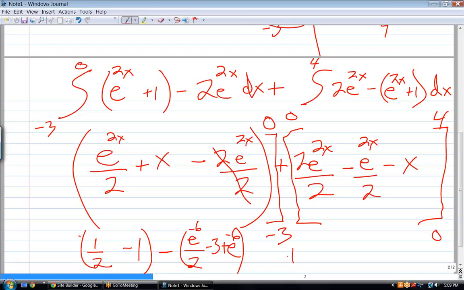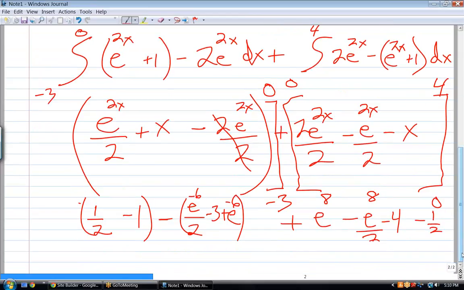And then plus e to the 8th minus e to the 8th over 2 minus 4. And then minus when it's 0, this is 1 minus 1/2. So that becomes 1/2. Scroll down a little bit, please? Yeah.